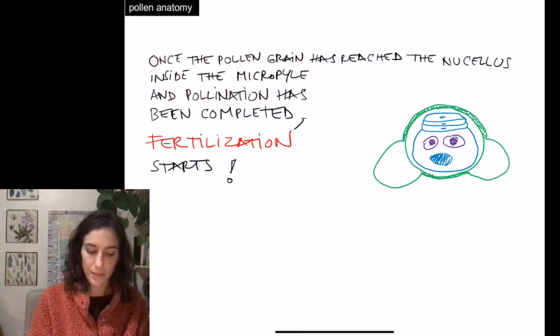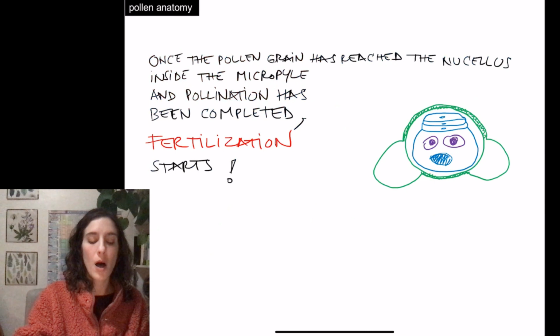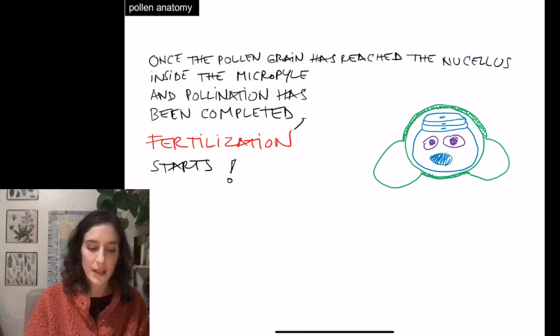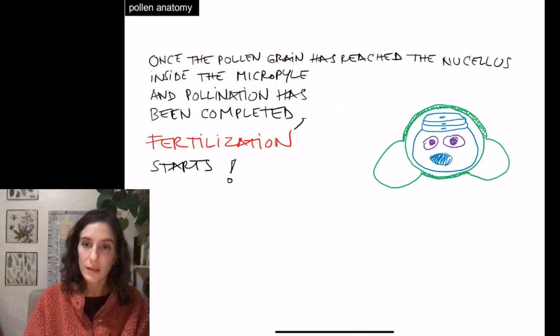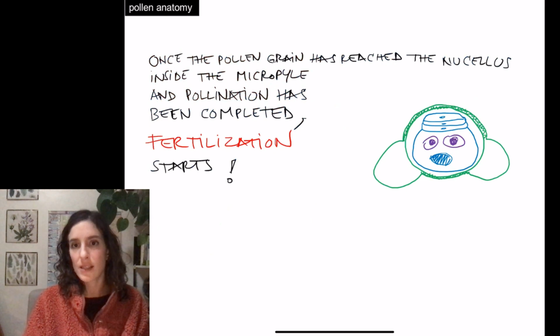Once that pollen grain has reached the nucellus inside of the micropyle and pollination has been completed, then fertilization can start. So pollination and fertilization are not the same thing. Pollination is the act of getting a pollen grain to an ovule. But fertilization is the act of a sperm cell and an egg cell uniting.